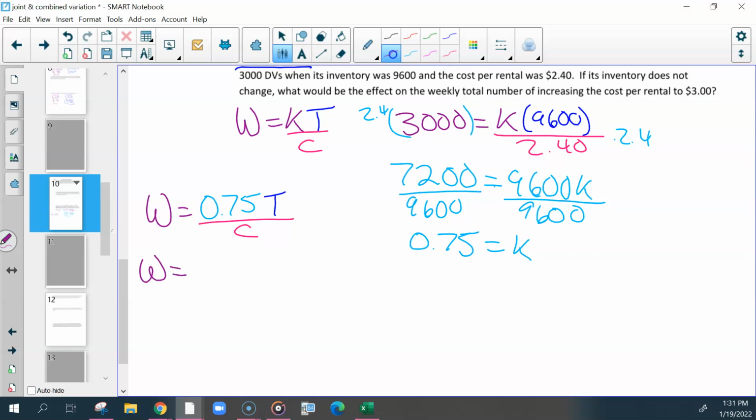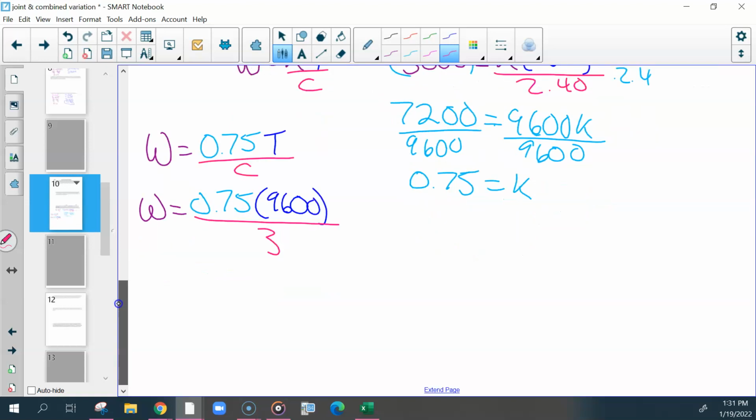So we're looking for W, our K stays the same, our T stays the same, and our C changed to 3. You can put 0.00, but it's not necessary. You could really put this all in your calculator all at the same time, if you do your alpha y equals and put this in as a fraction. But what would W equal?